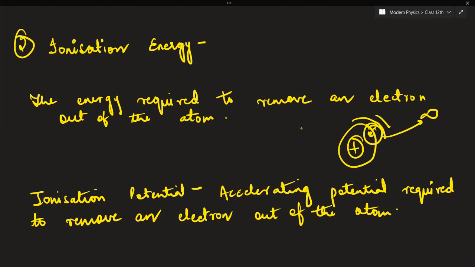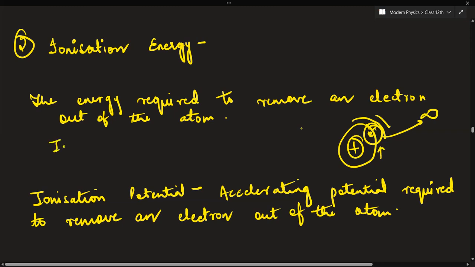Basically, let's say I'm removing the electron from the first orbit. So the ionization energy will be E infinity minus E1, that is minus of minus 13.6, which gives me plus 13.6 electron volt.